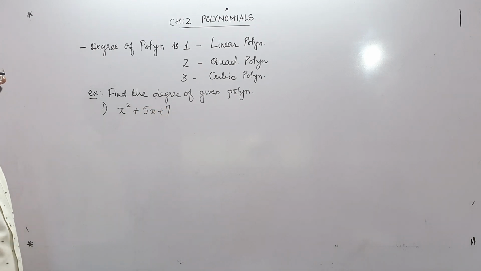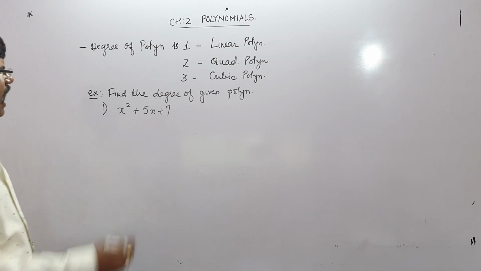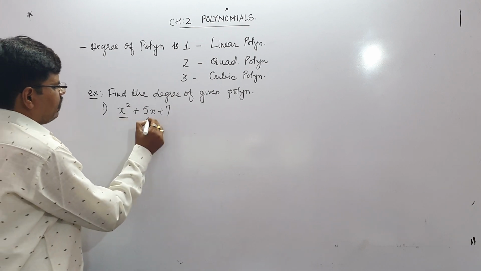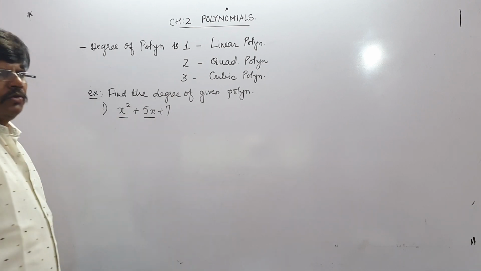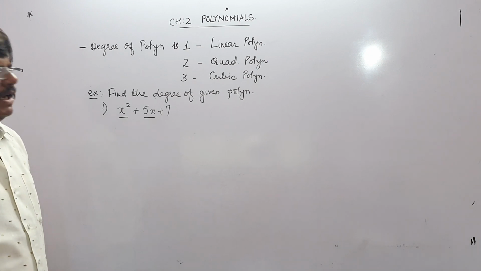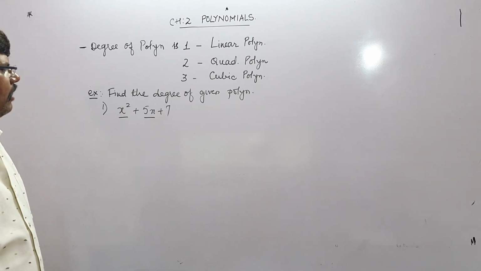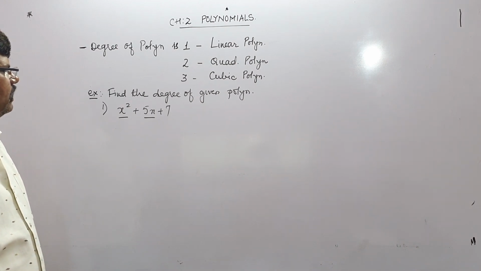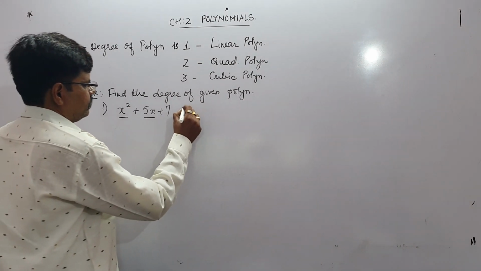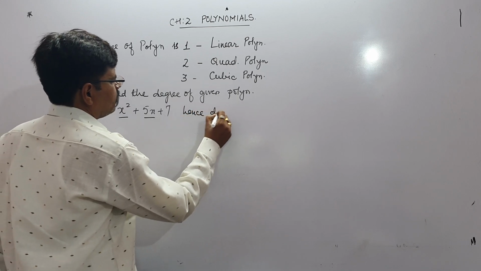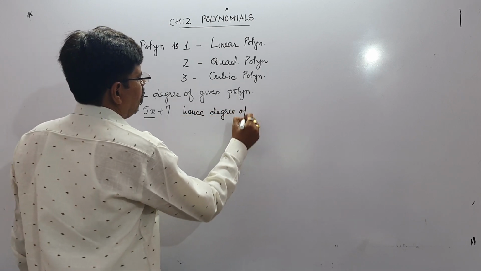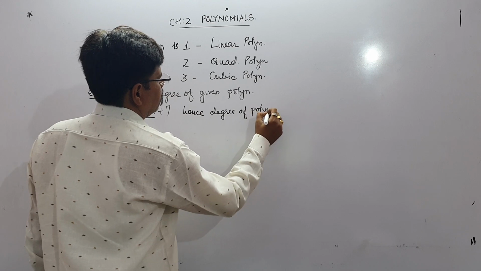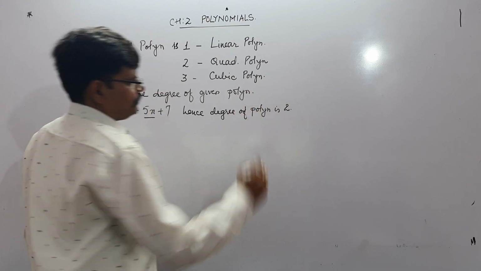If you look properly, we have two terms, x square as well as 5x, with x as the one variable. The highest power in the given polynomial is 2. Hence, degree of polynomial is 2.